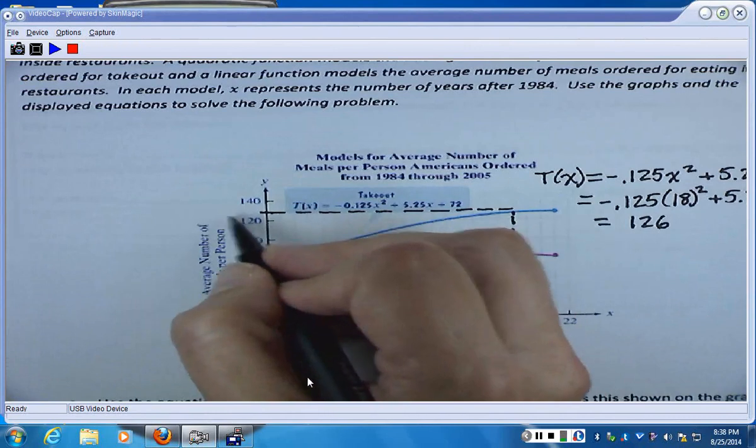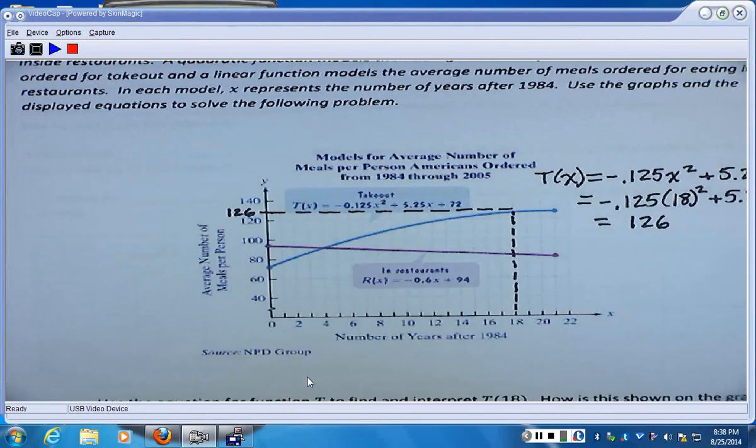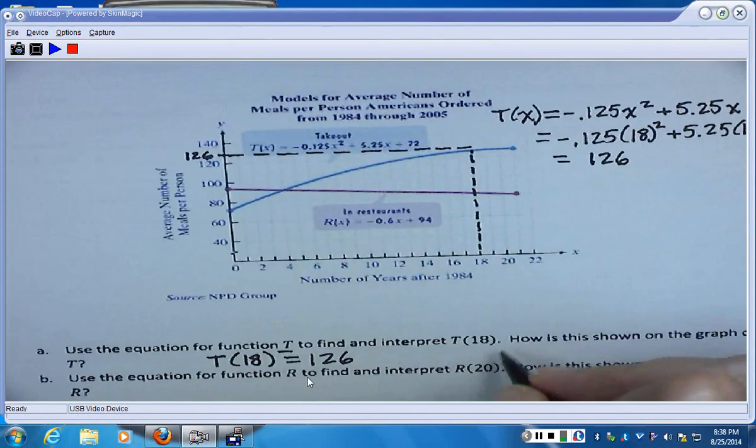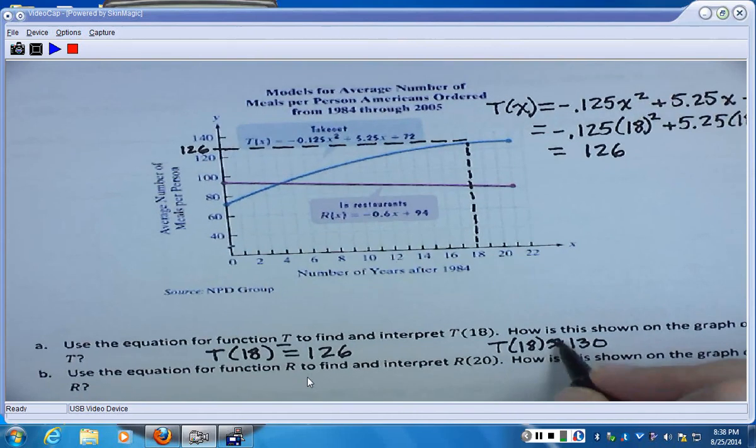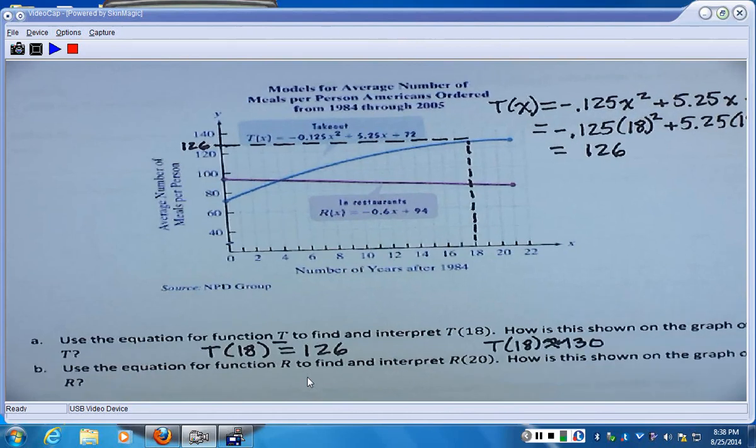That's 126. And looking at that from the picture, I would just guess that t of 18 from the picture is approximately 130. I wouldn't be able to tell that it was 126. That's supposed to be approximate. Okay, 130.